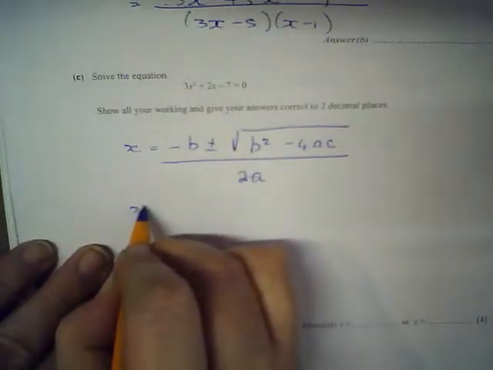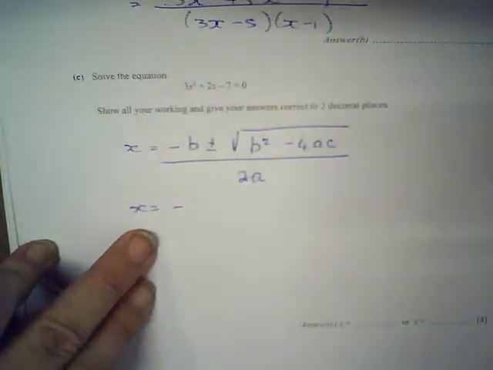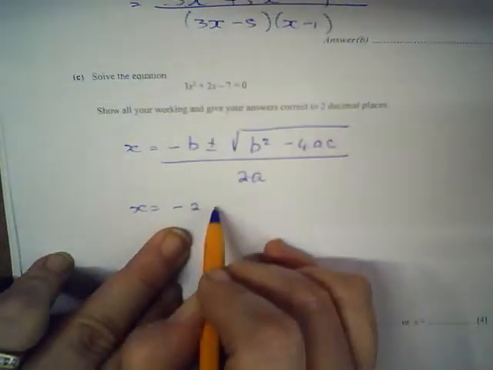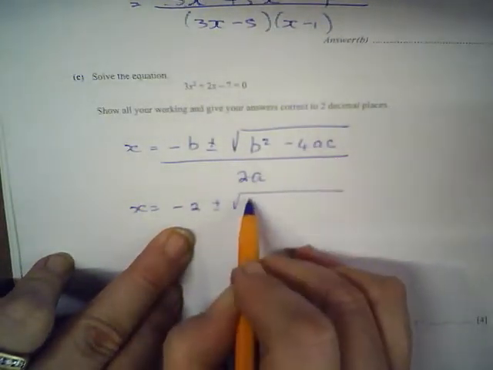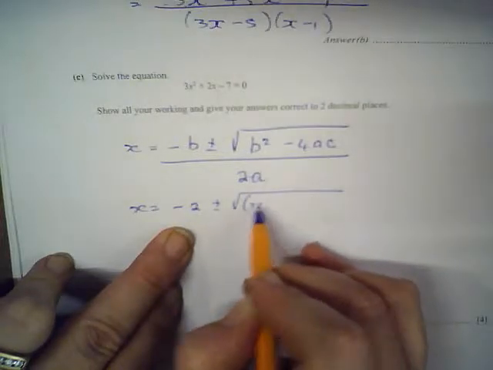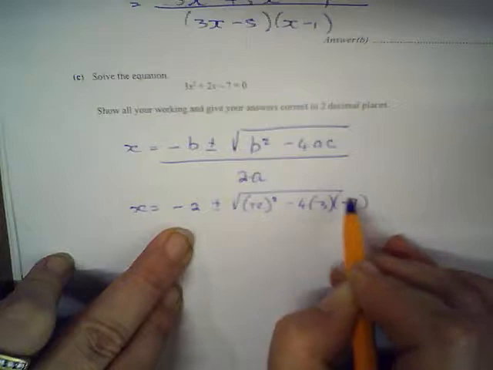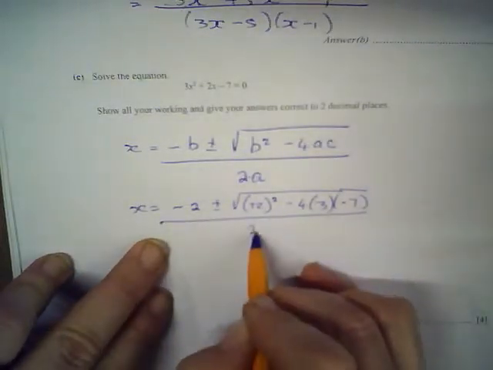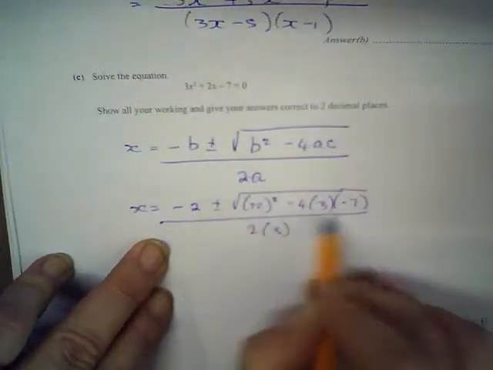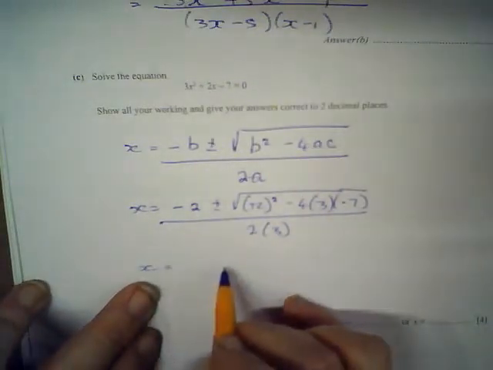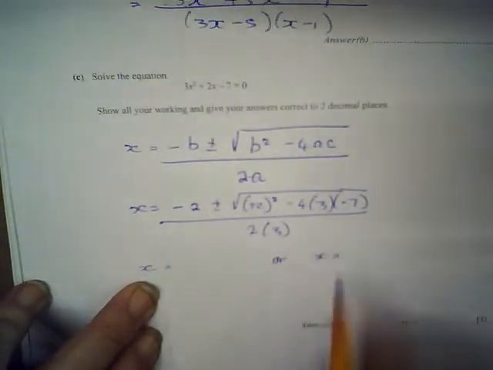Okay, that would be x equals negative, fill it in, 2 plus or minus, okay, negative, positive 2, sorry, squared, minus 4, a is 3, c is negative 7. That would give us a positive discriminant. Here the inside there is called the discriminant, and we can get the solutions x equals something or x equals something.